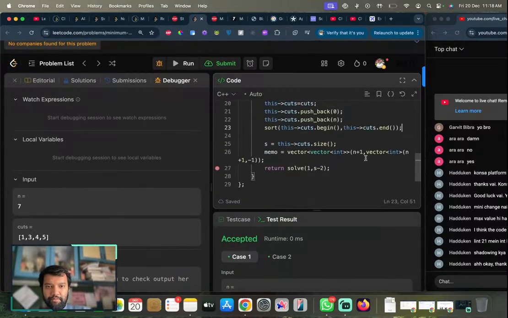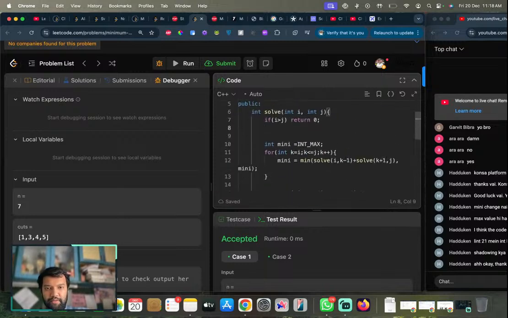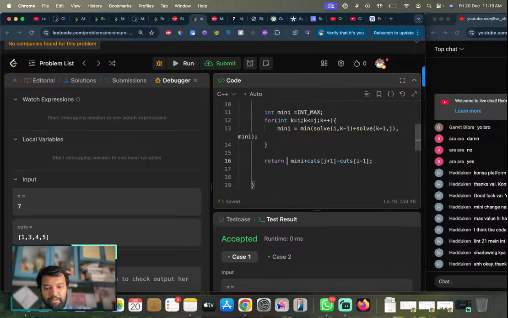Now we can memorize it of size S, size S, not equals to -1, number of ij. So it should work.